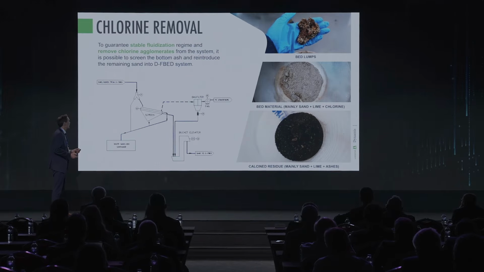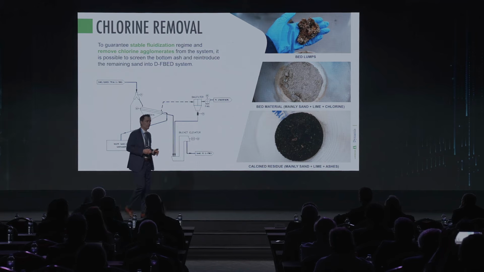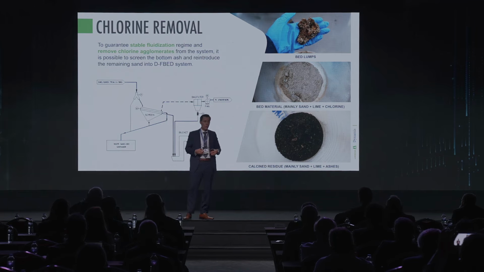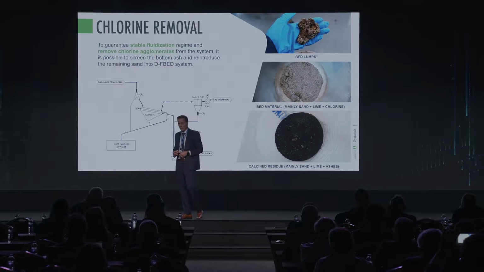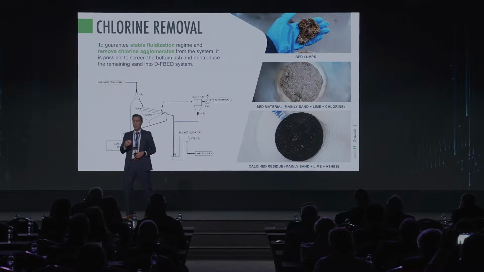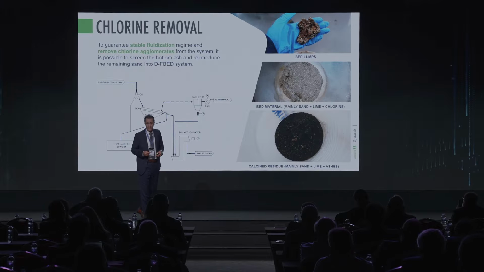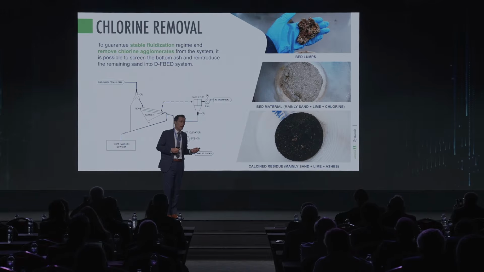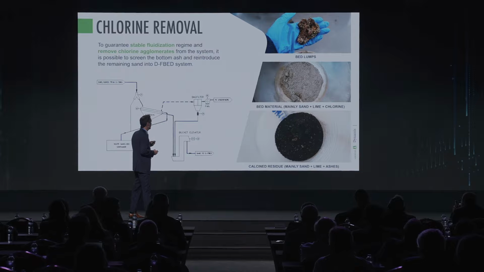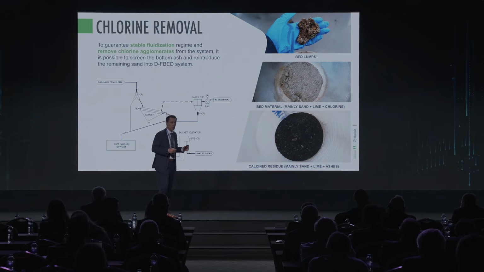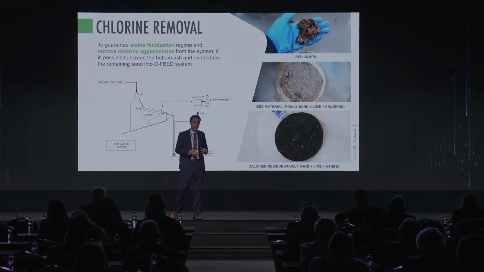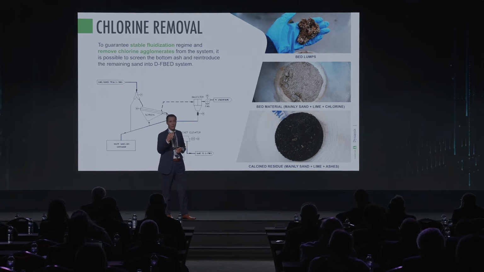And how can we remove the chlorine from the system? What we know is that the chlorine reduces the melting point of the sand. So we notice that the bed starts to clump, the bed starts to form lumps, when the chlorine content increases.